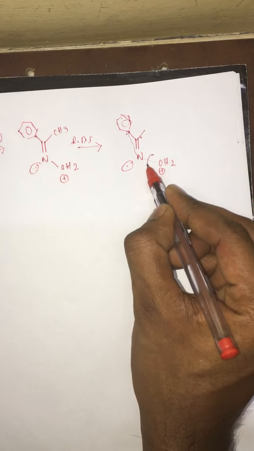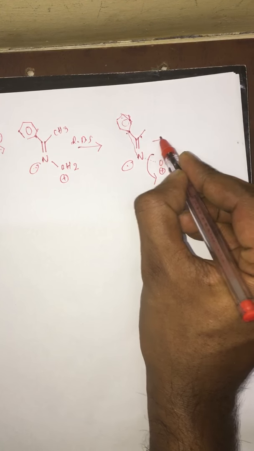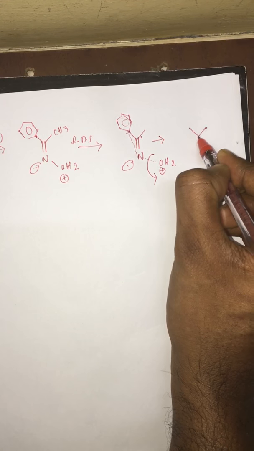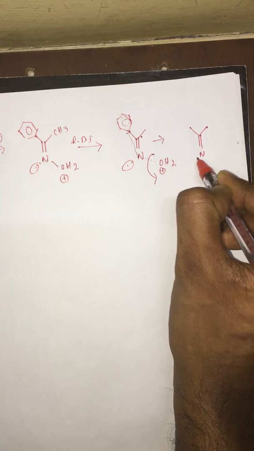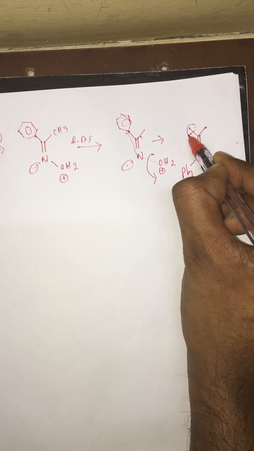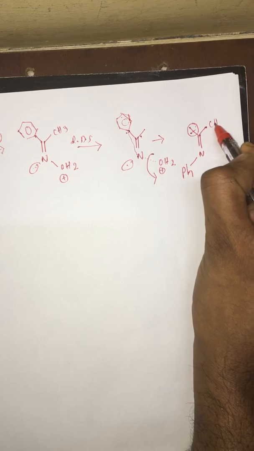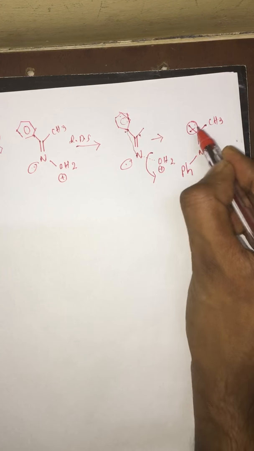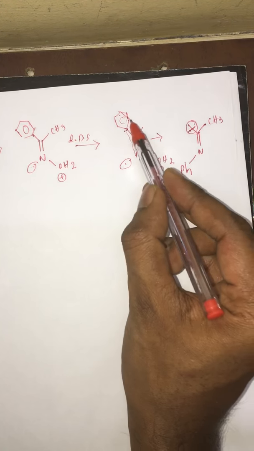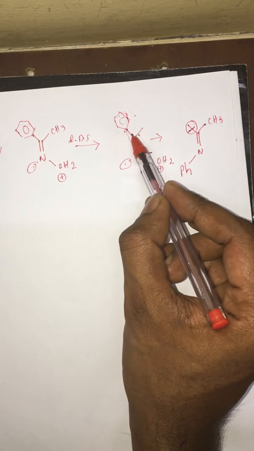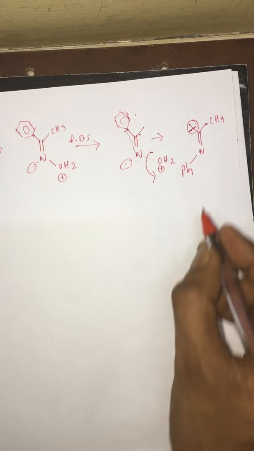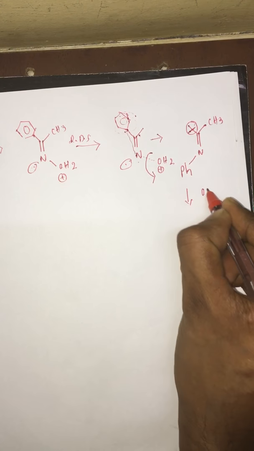So now this water molecule will get eliminated, and here we have the phenyl group, a positive charge, and a methyl group. This positive charge is coming because the phenyl group is migrating from this carbon to this nitrogen, and now we have a water molecule.